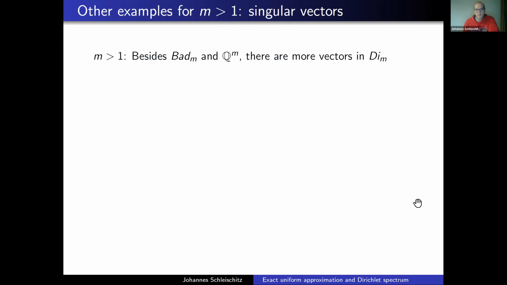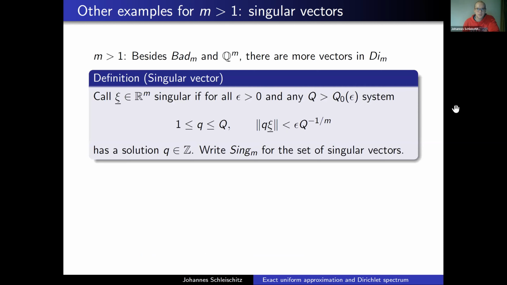And there it turns out that there's not just the badly approximable and the rationals. It's a bigger set, and it contains these so-called singular vectors, for which, as you see, for all large Q, this system, okay I wrote C before, here I wrote epsilon, maybe I should also have written C, has a solution Q for every large Q and for every no matter how small epsilon is.